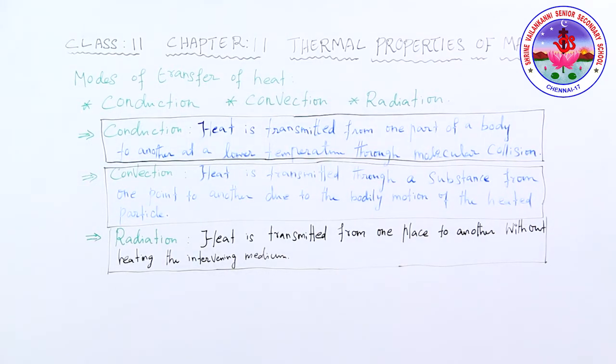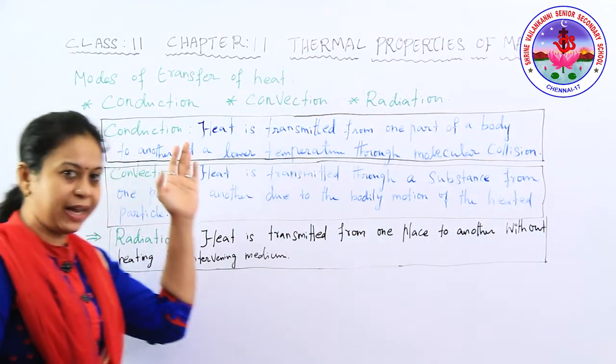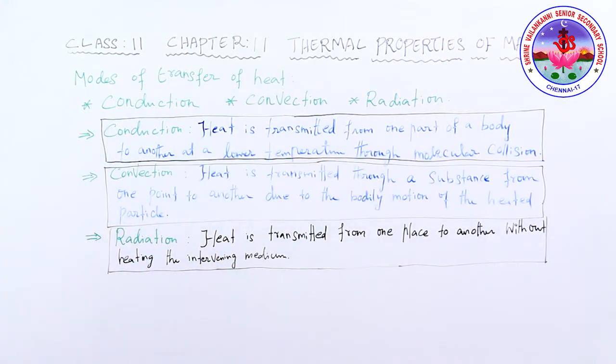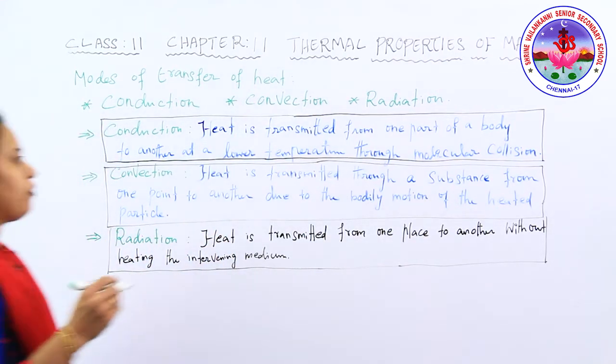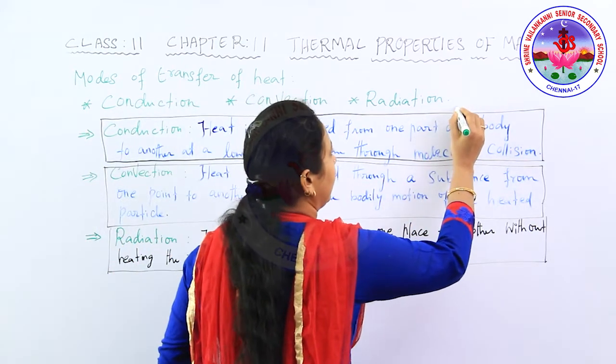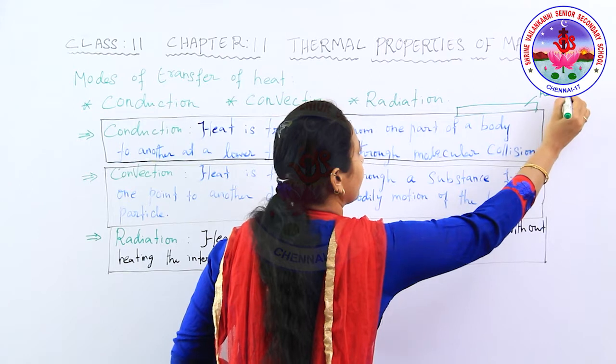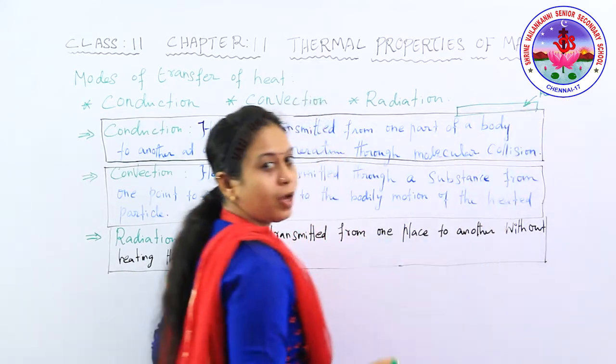So solids are heated through this conduction, children. When one end of a metal rod is heated, the molecules get vibrated and the heat is transferred from one end to another. If you have taken a metal rod and you are heating it here, what will happen?